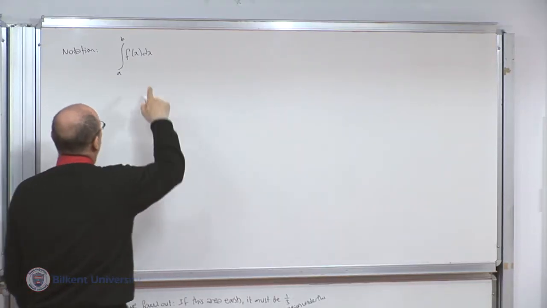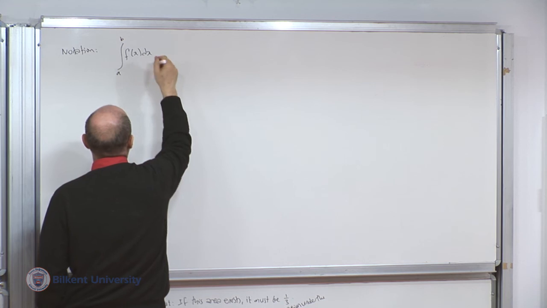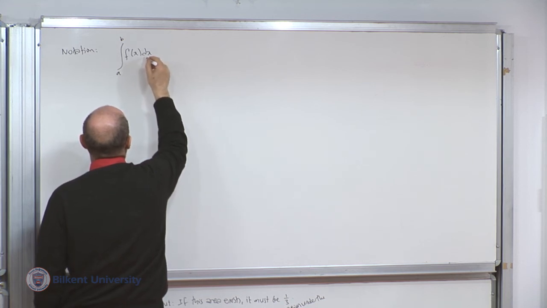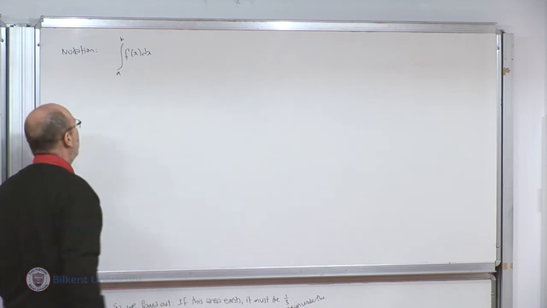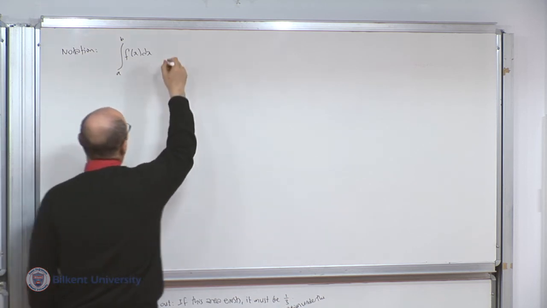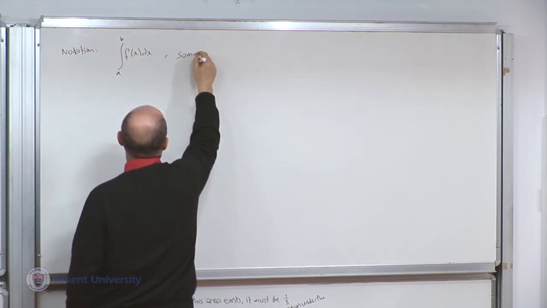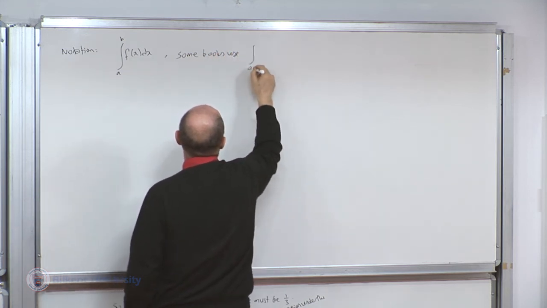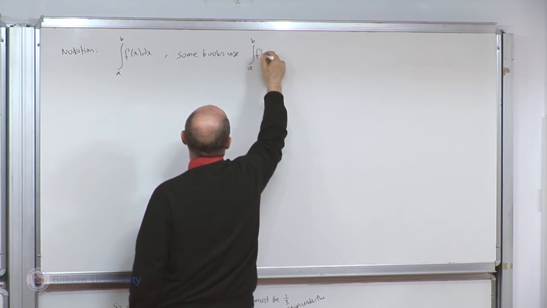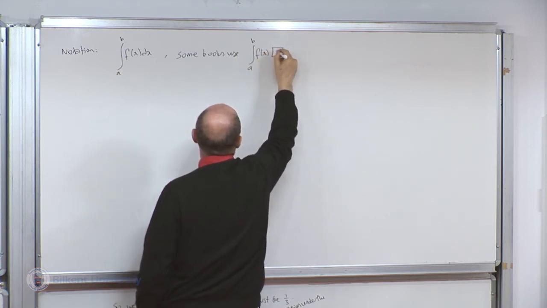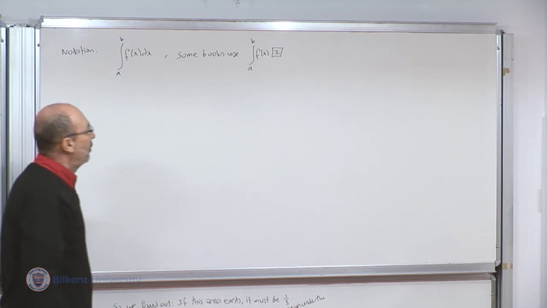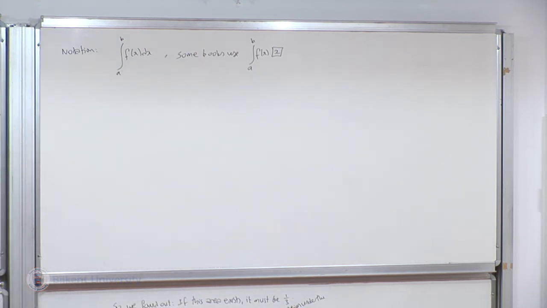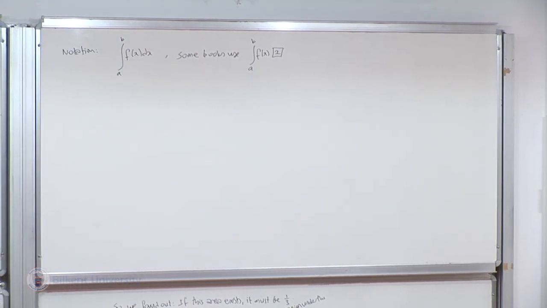Now the question is, we have to convince you why I need this dx here. Some books use the integral from a to b of f of x, and then put a box and inside it x, because at first we try to fool you that the reason why we have dx there is that we don't want you to forget that x is the parameter.